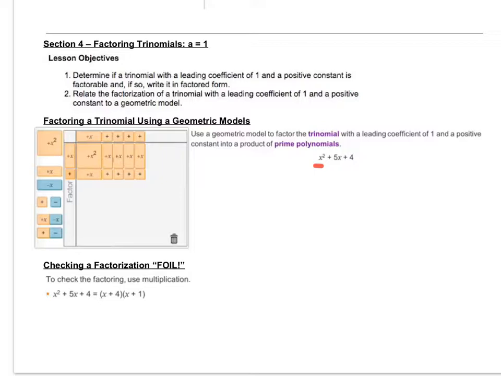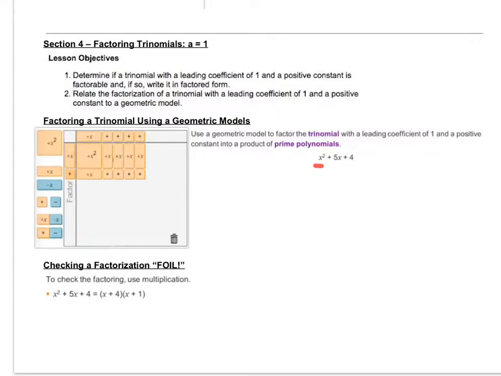Then you look at this and say, okay, if I took an x times an x, that gives me an x squared. If I took an x times 1, that gives me an x, and same thing here. X times this one gives me an x.